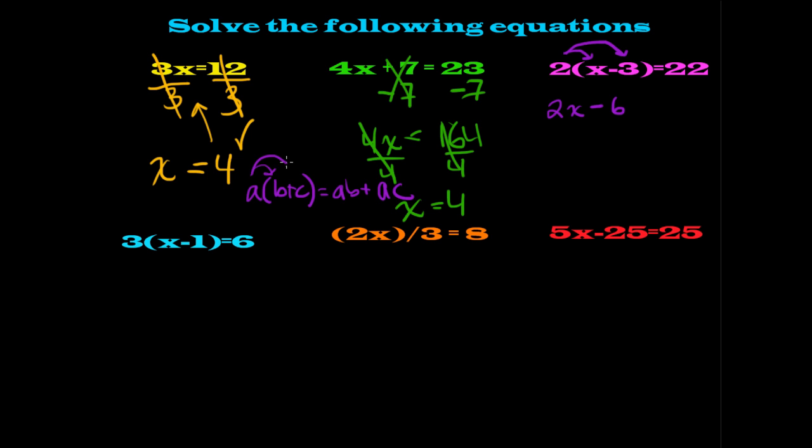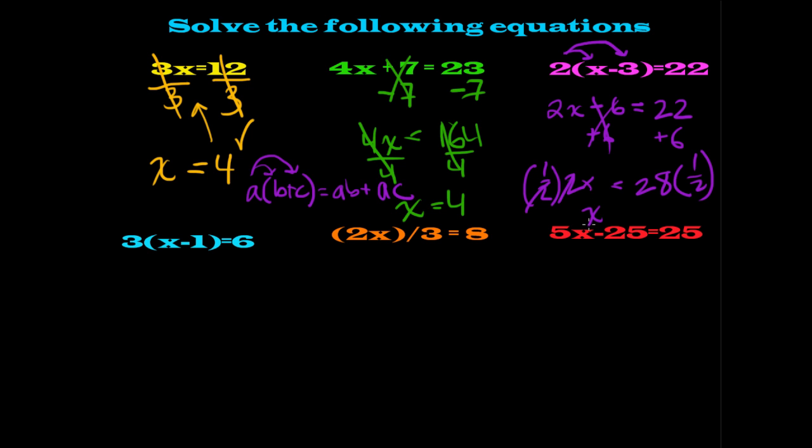So you distribute that term through. Next thing you have to do is add the 6 to each side. That cancels there. 22 plus 6 is 28. 2x equals 28. And divide each side by 2, or do the same exact thing and multiply by 1/2, doesn't matter. Let's cancel. 28 divided by 2 is 14, so x equals 14. You could plug it in to check it.